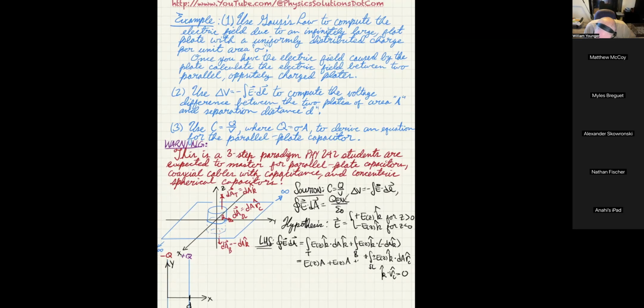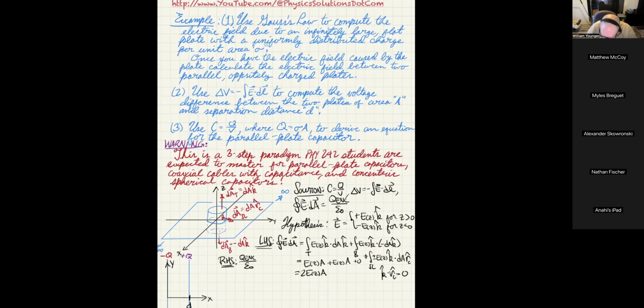So basically what I've got is 2E of ZA for the left-hand side. For the right-hand side, that's Q enclosed over epsilon naught. Now, A is the area that I said, and that basically comes from me integrating dA over the top of that soup can. I called the area of the top of that soup can A, and I called the area of the bottom of that soup can A as well.